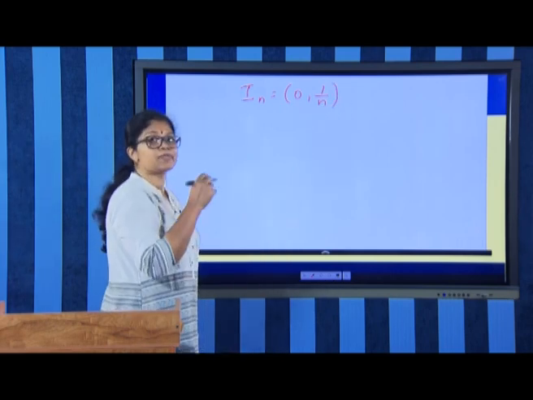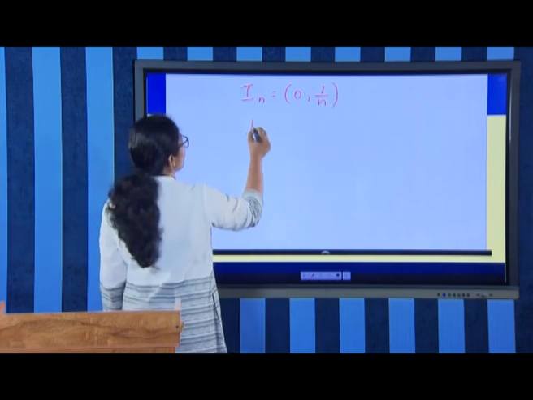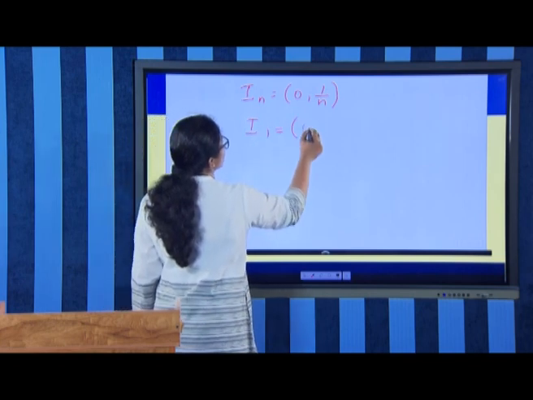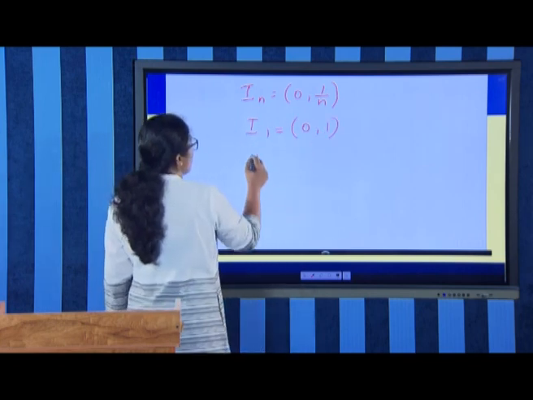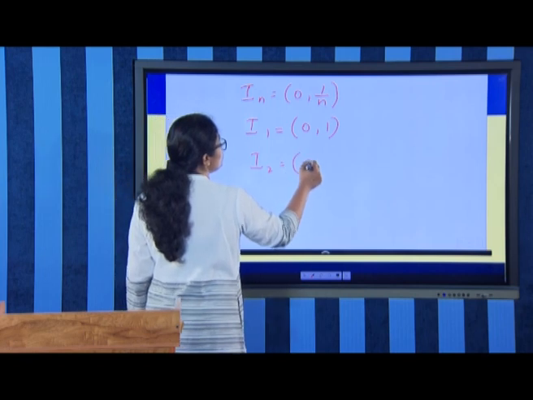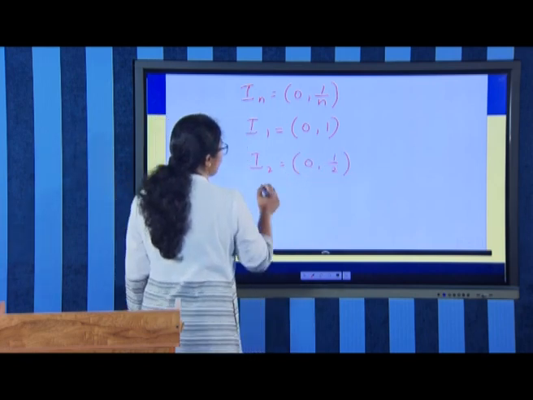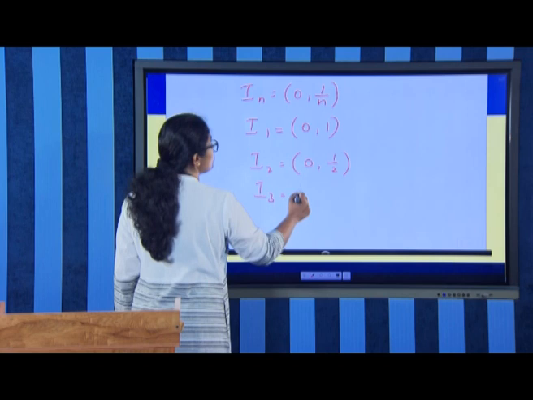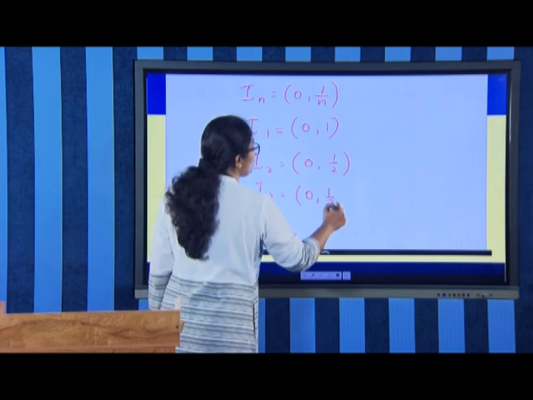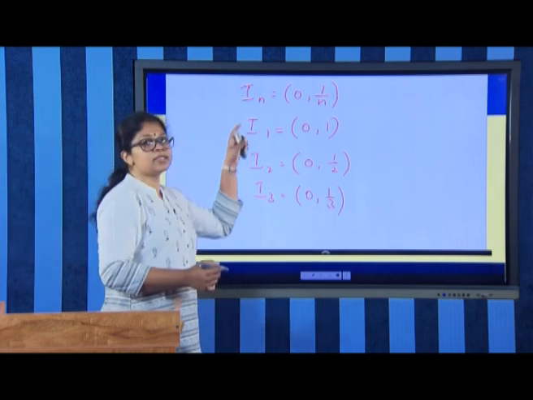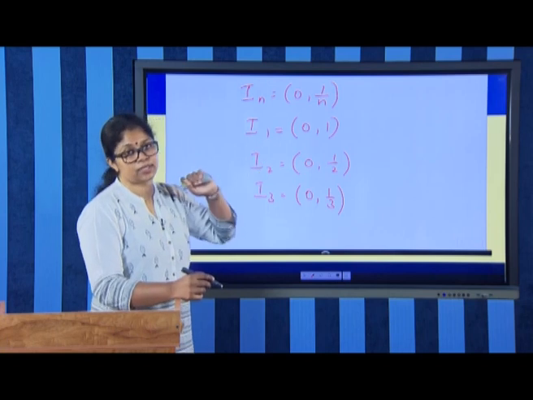Proceeding as in the previous case, I_1 is (0, 1), I_2 is (0, 1/2), I_3 is (0, 1/3), but none of these intervals contain the element 0.